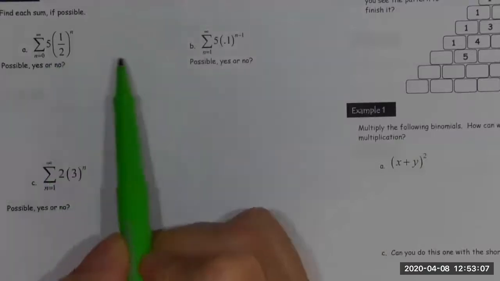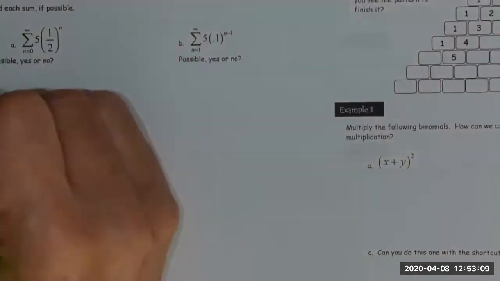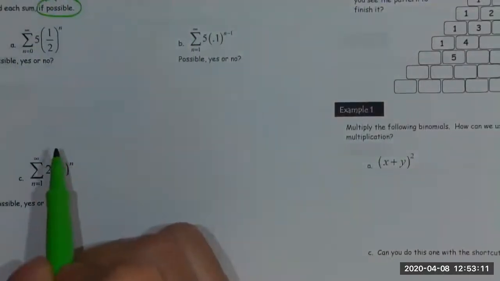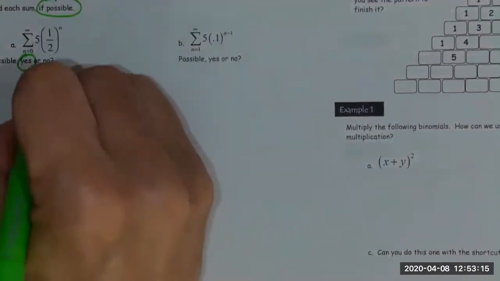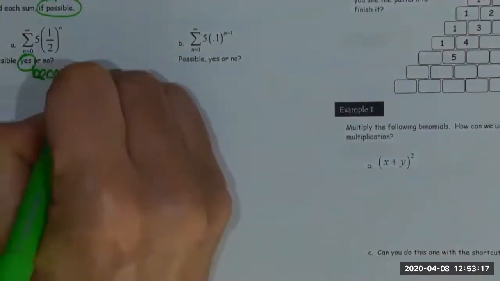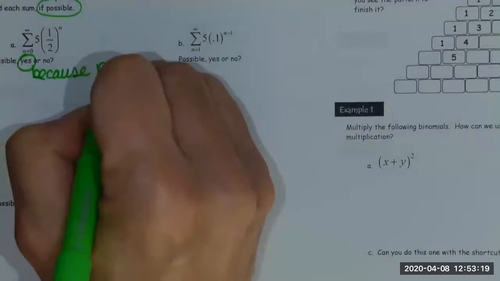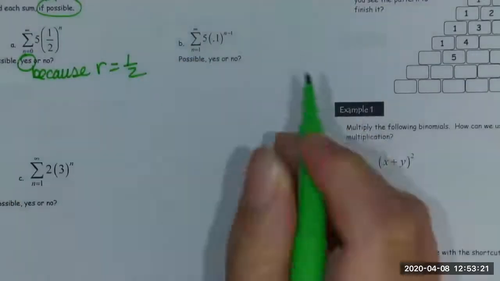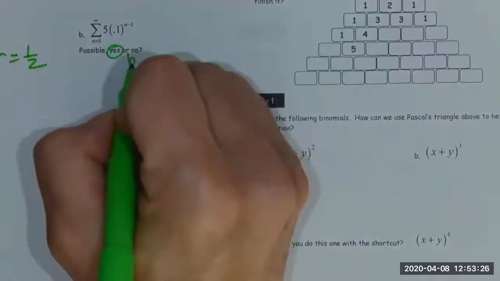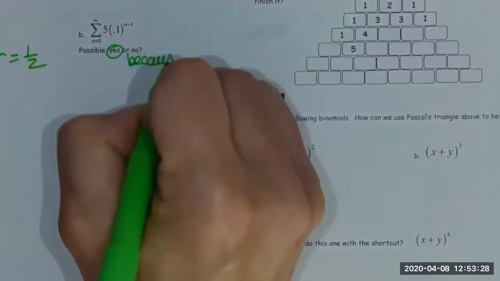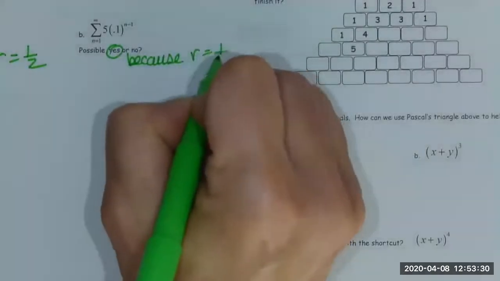So you can just type these in. Let's, if possible, answer that first. Is this possible? Yes. Why? Because r equals 1/2. Is this one possible? Yes, because r equals 1/10.